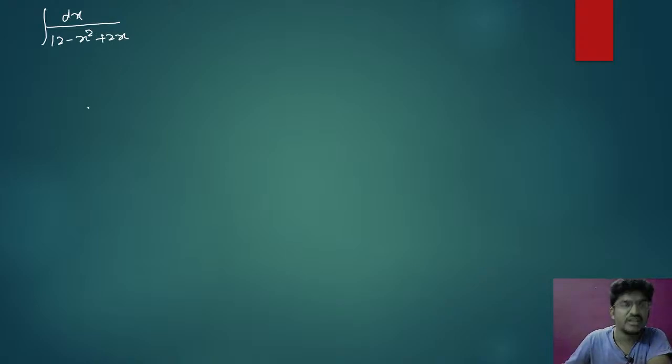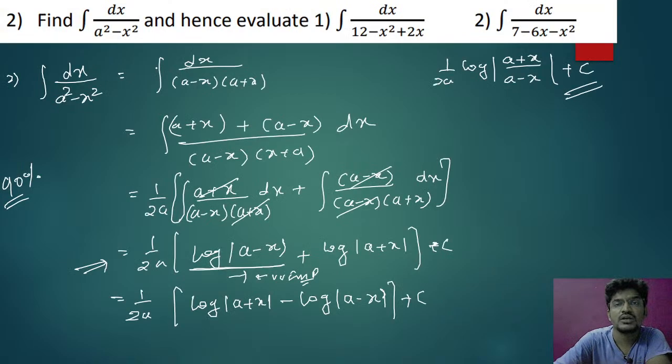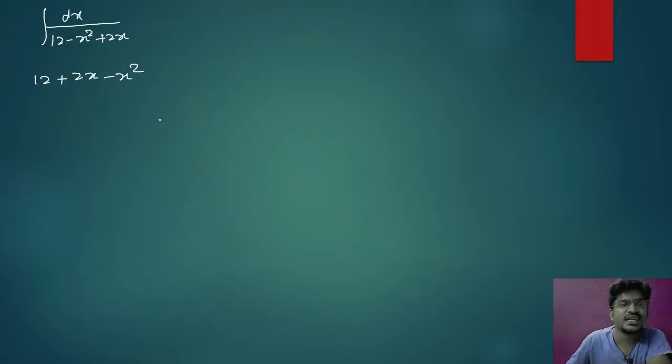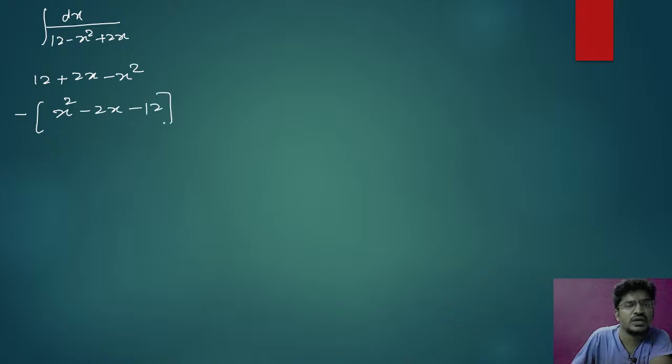So to simplify this, what I said, you follow that. 12, write this plus 2x as it is, write this minus x square as it is. Clear? So now what I said, take the x square coefficient common. So here x square coefficient is minus 1, you take it outside of the bracket. So it will be x square minus 2x minus 12. Now follow the same method.